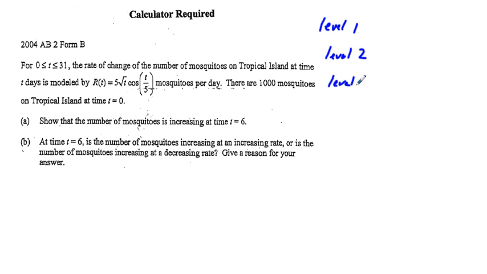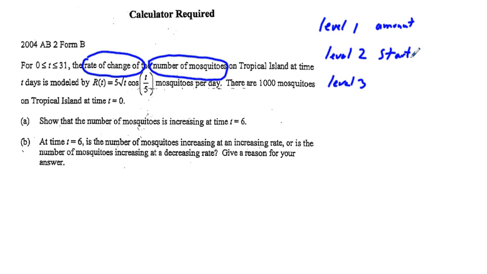Level 1 is going to be our amount, in the context of this problem, the number of mosquitoes. But what we're given is a rate of change formula. So this formula here is the rate of change, and this is going to be our starting point.